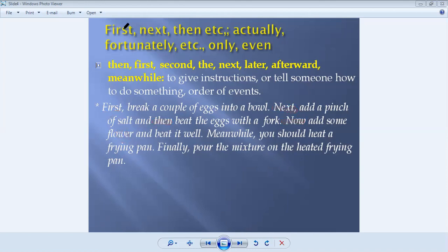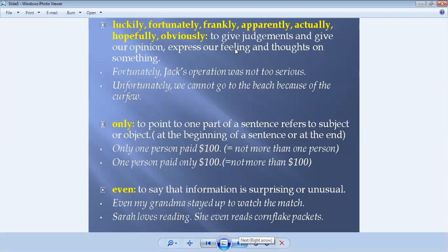Okay, so next one here. Now, luckily, fortunately, frankly, apparently, actually, hopefully, obviously, those are also connective adverbs. But what is the purpose of those connective adverbs? To give judgment.